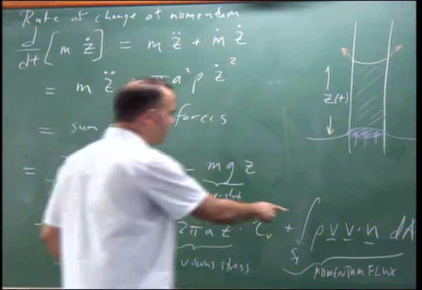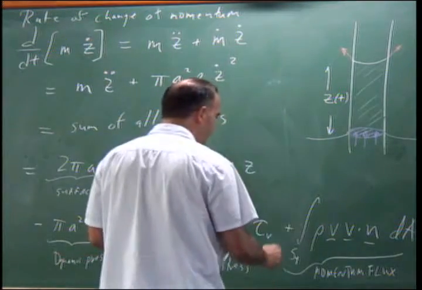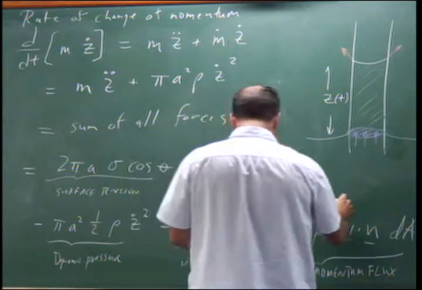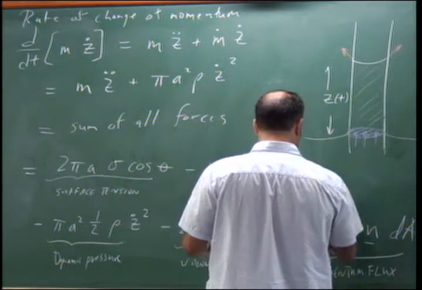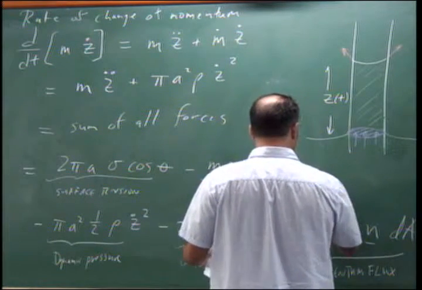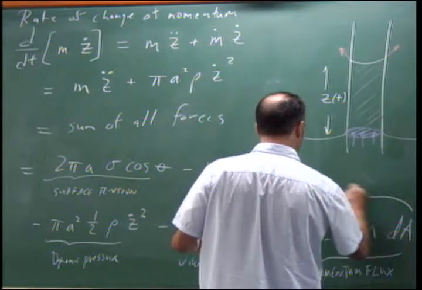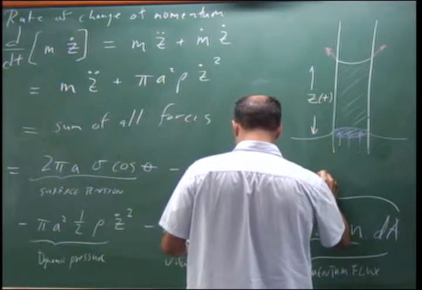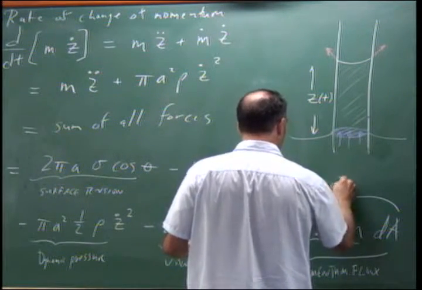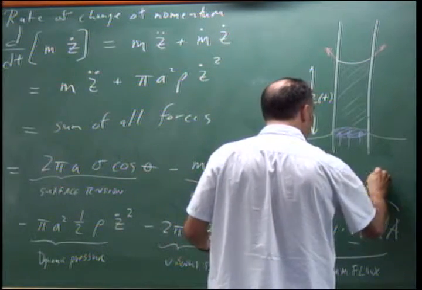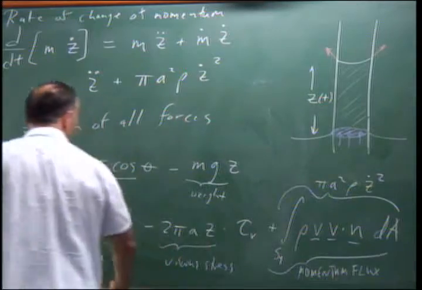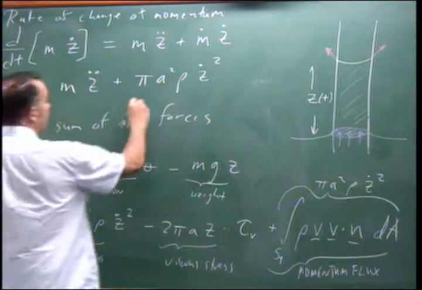If you calculate this, V is in the vertical, so this is basically Z prime. The area is pi a squared, and then it's just rho z prime squared. So that basically cancels this guy.